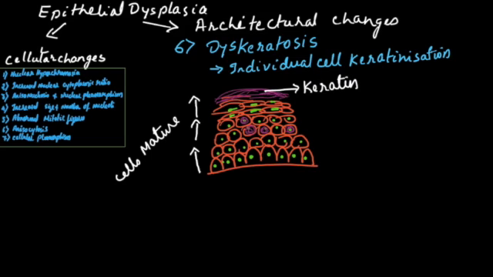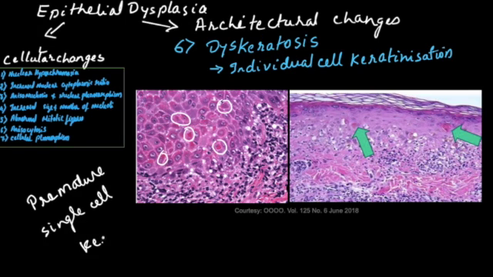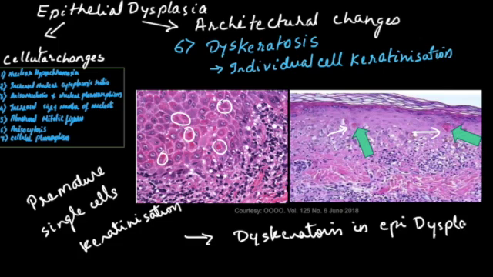So here, that is what's called dyskeratosis or individual cell keratinization or premature keratinization. These photomicrographs show cells with premature single cell keratinization here again. So this is basically dyskeratosis in epithelial dysplasia.